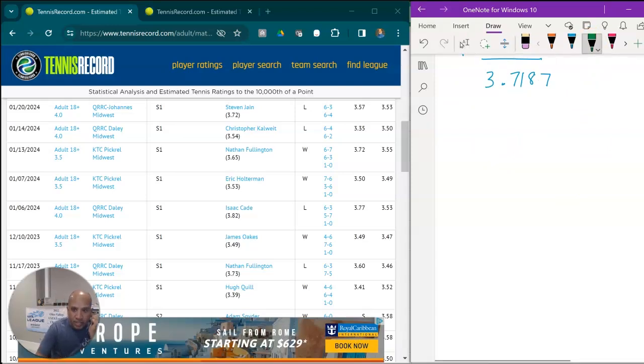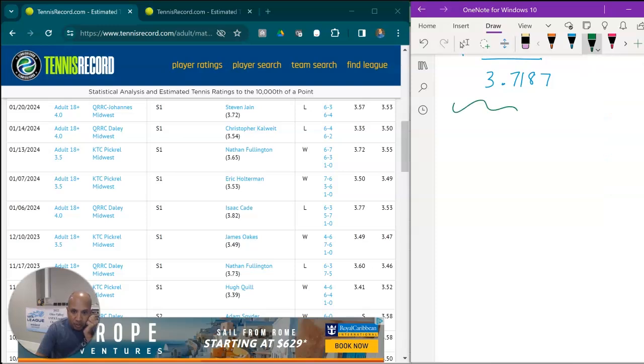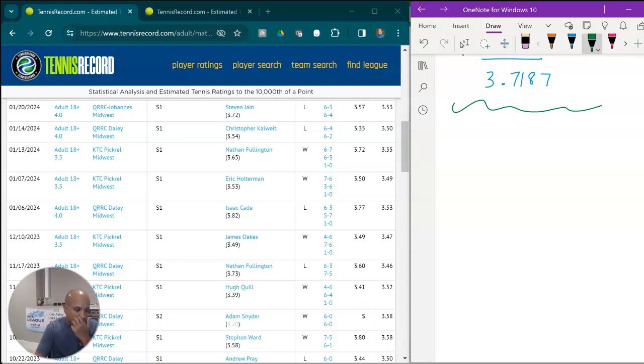One very common exception that I found is when the rating gap between the player and the opponent is so large that the lookup table just doesn't work. Let me give you an example.